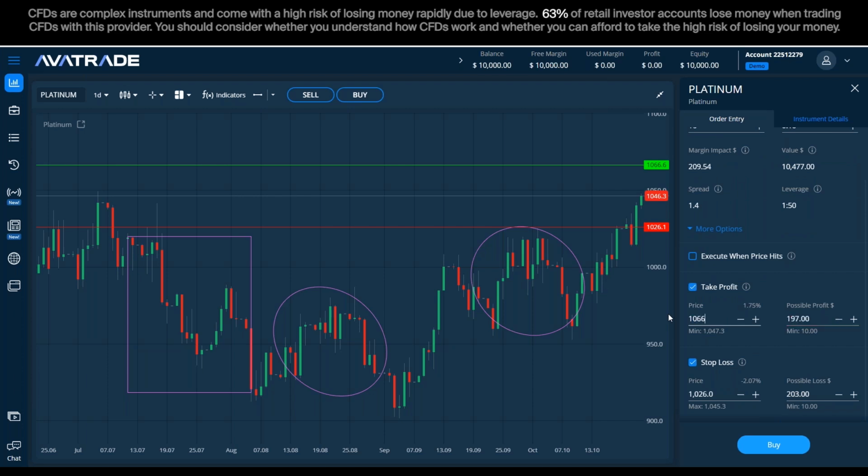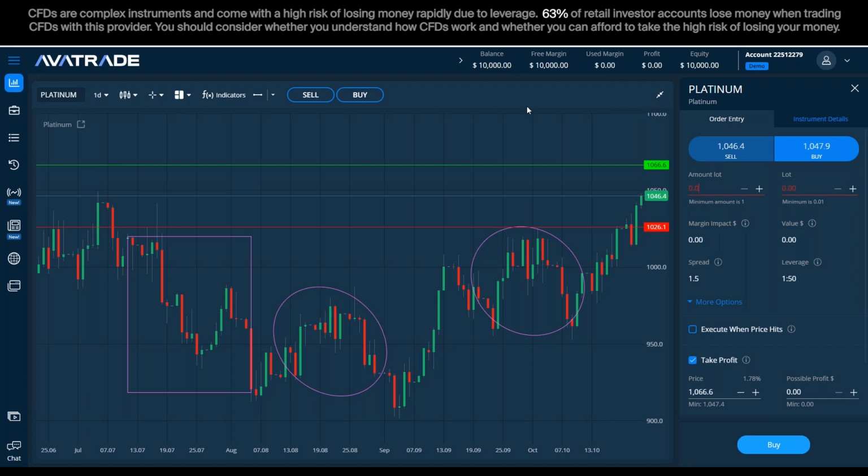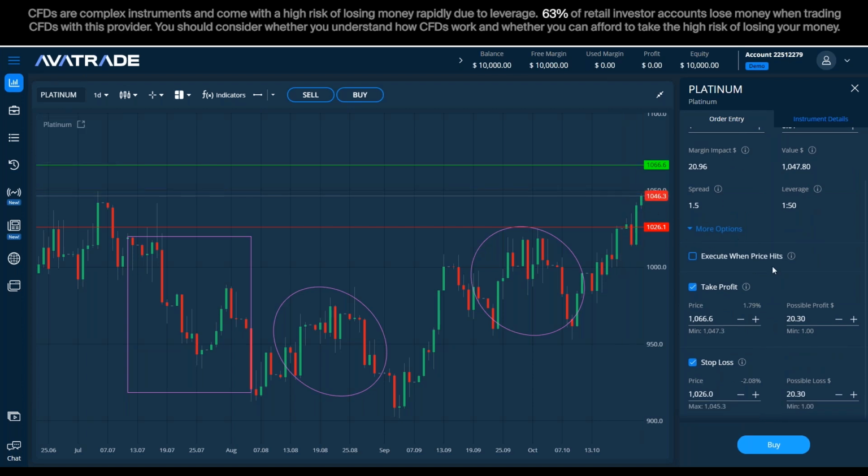Let's also correct that one. Now from the other end, if I keep it as 1 and, for instance, extend the take profit by 10, so from 1066 to 1076, this will be 30, because we took it $10 farther from the entry.